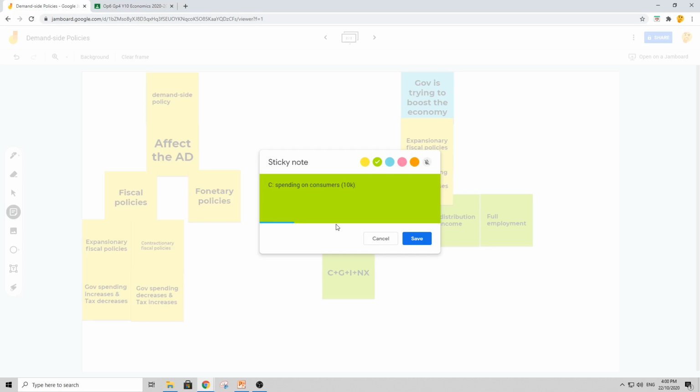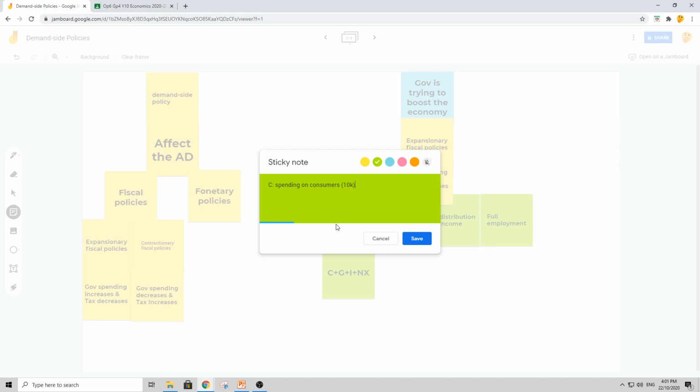True, true. But Julian, you also want to think about another perspective. Just because the government is spending more on the people, it doesn't mean that the GDP will grow, because at the end of the day, it's up to the people if they are going to spend that money. If you receive that 10K and you put it under your bed, then you will never see an increase in GDP.